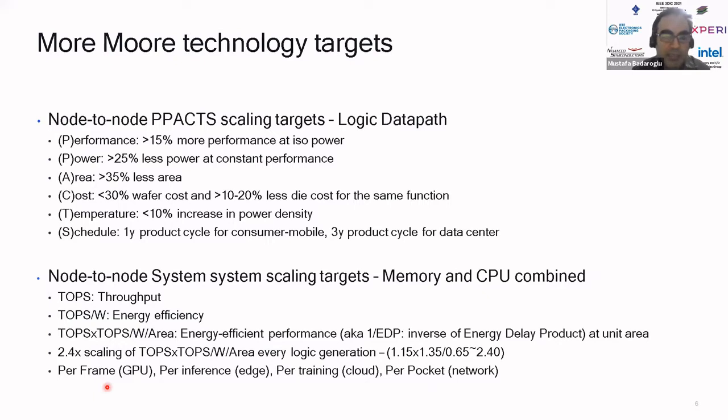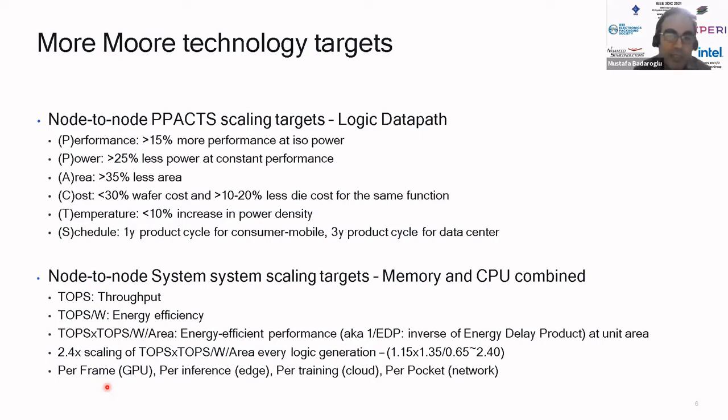On the PPA side, there is a clear slowdown, but today the observation on the power, performance, area, cost, temperature, and the schedule: you typically see on a node-to-node basis about 15% improvement of performance at ISO power, and power reduction can be more than 25%. Area scaling at SoC level is about 35% down. Wafer cost is limited below 30%, translating into about 10% die cost increase.